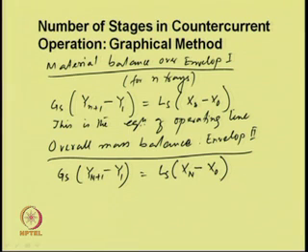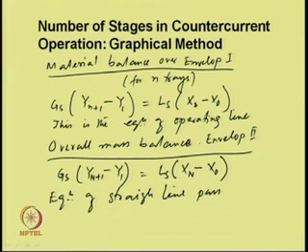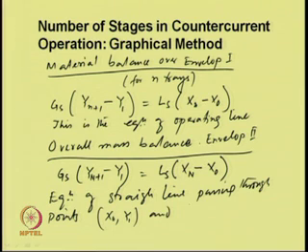So, this is also the equation of a straight line passing through the points x naught, y 1 and x n, y n plus 1.